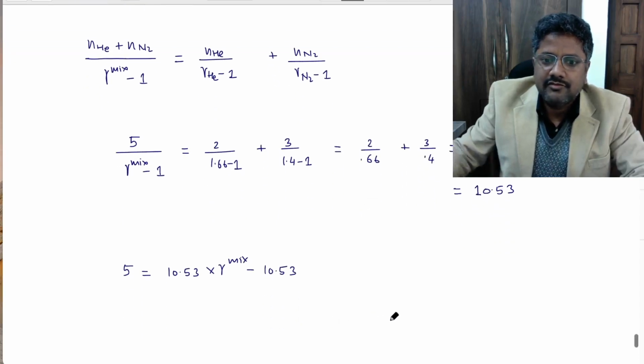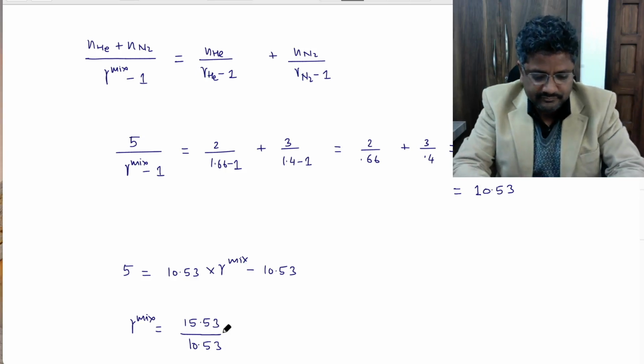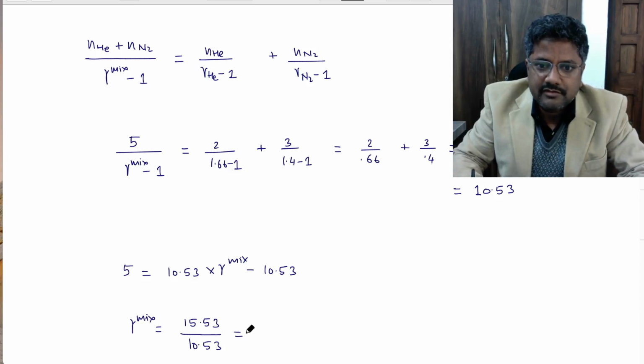So this is equal to 15.53, and gamma mixture is equal to 15.53 divided by 10.53, so this is 1.47.